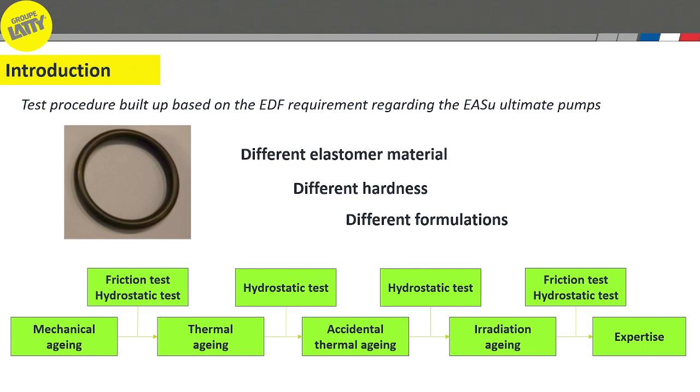The testing strategy consists of successive mechanical, thermal and irradiation aging, with a functional or hydrostatic test after each level of aging, in order to assess and verify the sealability of the product.